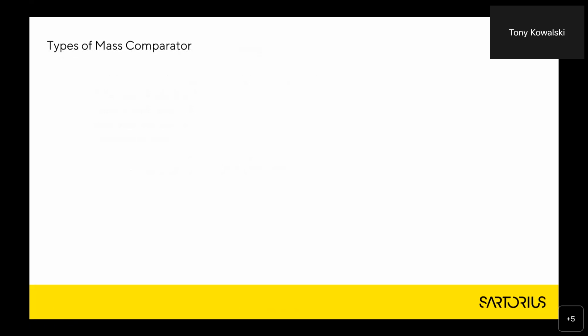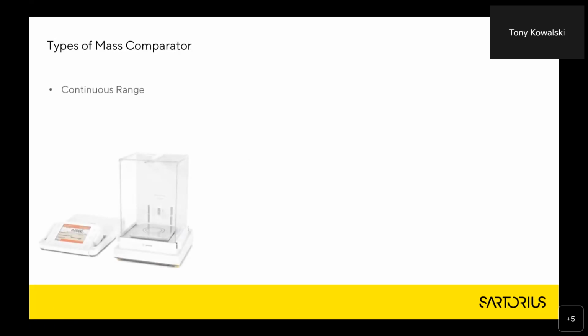So let's look now at the different types of mass comparator. Most electronic comparators today have a continuous range, so they appear to work like a balance. So from 0 to maximum, you have no difference on the display. It just simply shows you a full range from 0 to maximum.